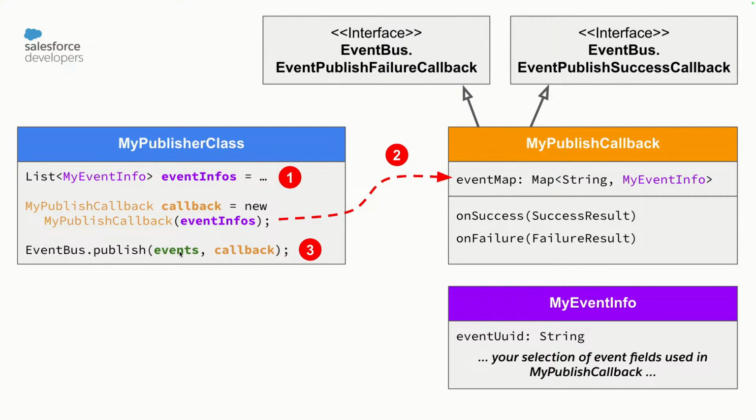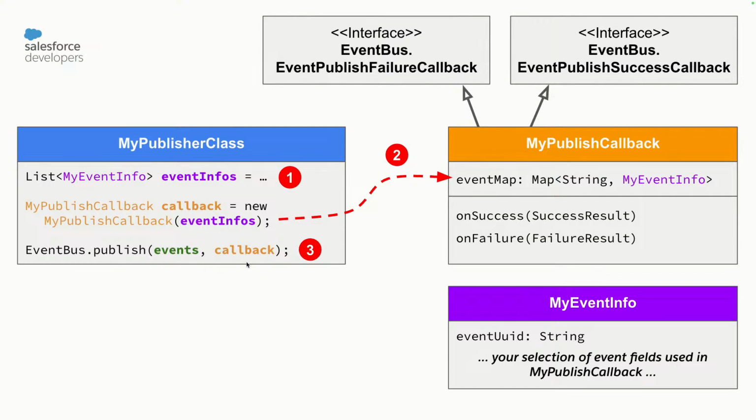The first parameter is your list of platform events, and the second parameter here is an instance of your callback. And remember that the instance of your callback also holds the list of information related to your events. Seems a bit like a duplicate, but you'll see why when you go into code, it's important to have the information placed both in the callback and also in the publishing call.